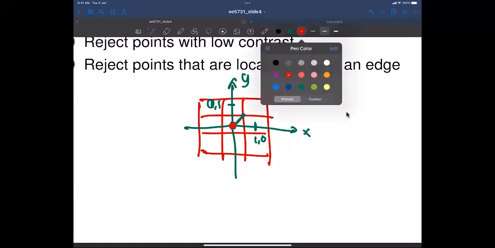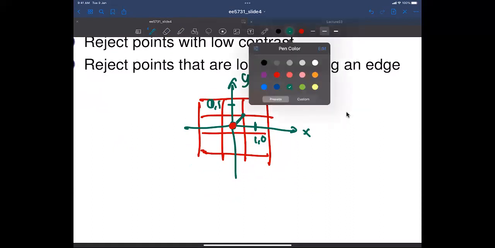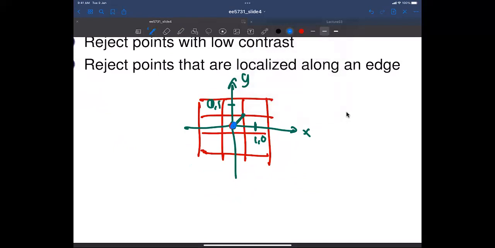The x-axis, if it is 1, then it's 1, 0. That one is 0, 1. And somewhere here is 1, 1. So x and y are the coordinates.